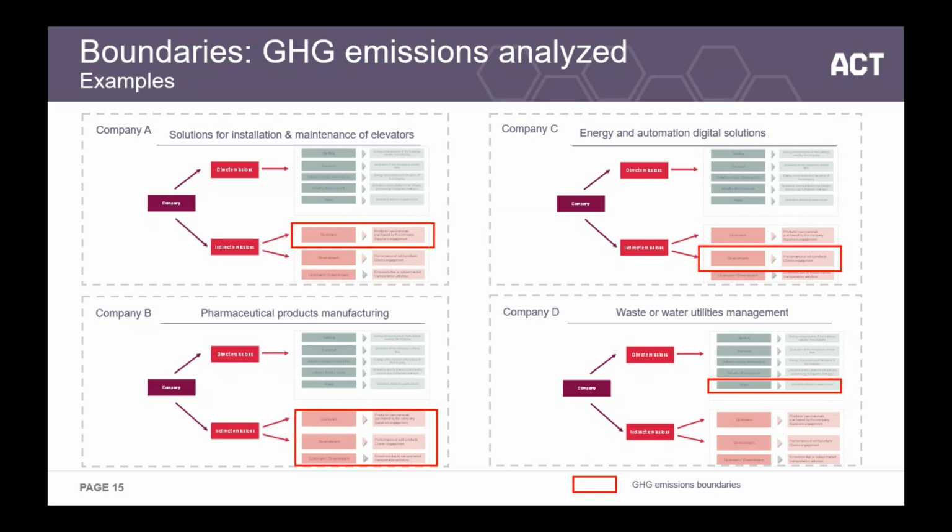So the objective is to cover initially all the GHG emission sources, and after we will tailor the focus of the ACT assessment regarding the hotspots of the company in terms of GHG emission.